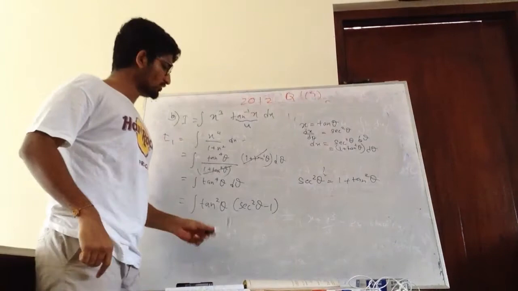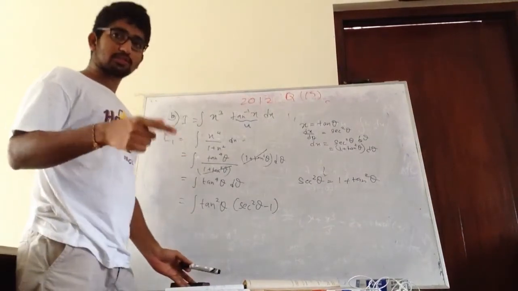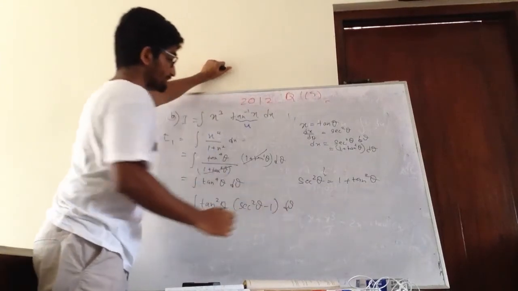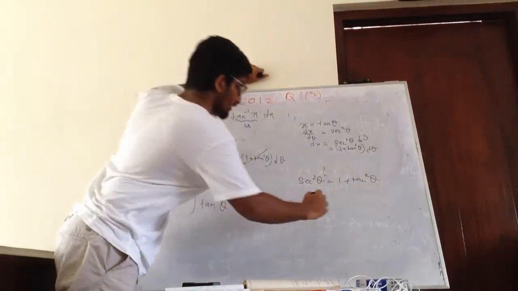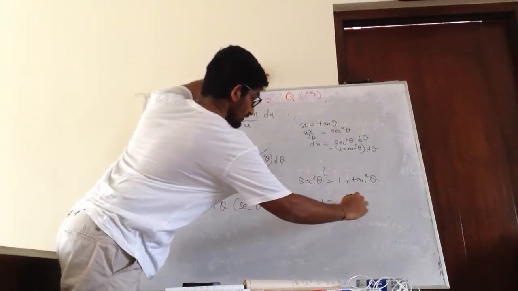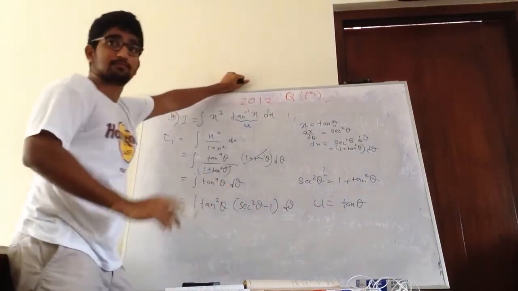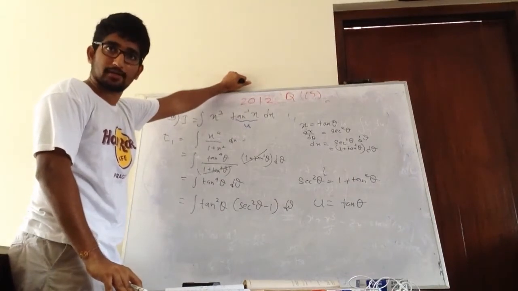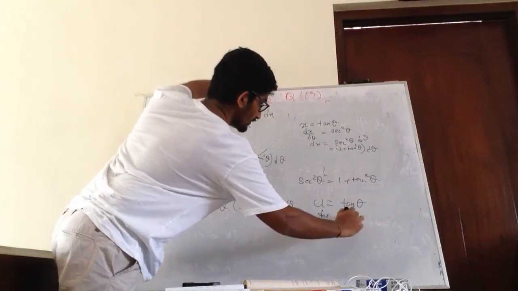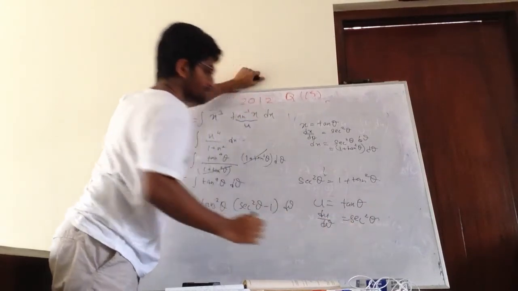Okay, so now let's use another substitution. Let's use u equals tan theta. That means du over d theta is what? Sec square theta.